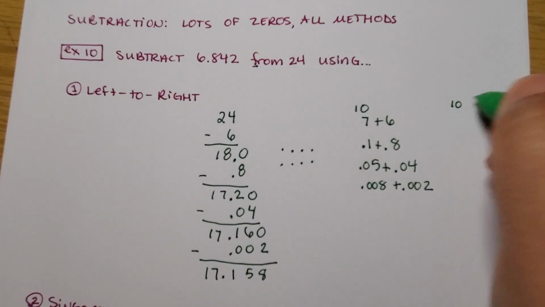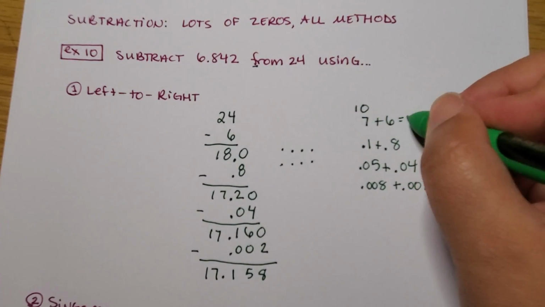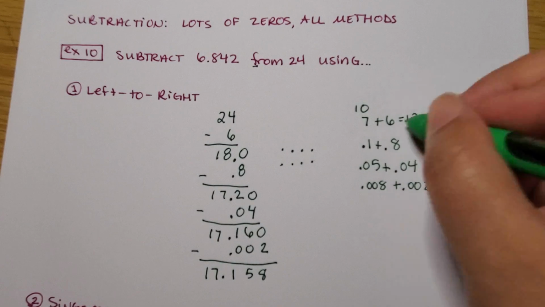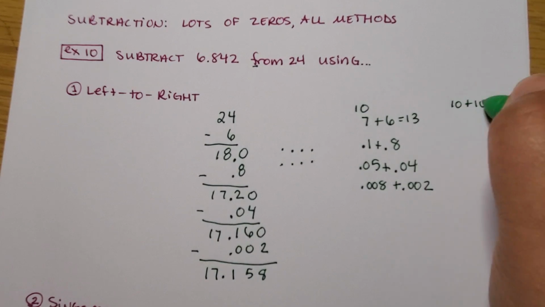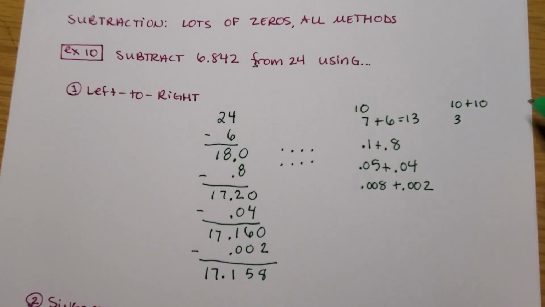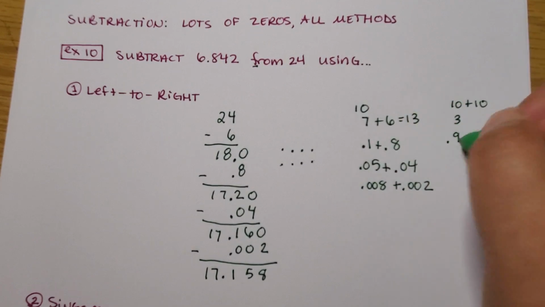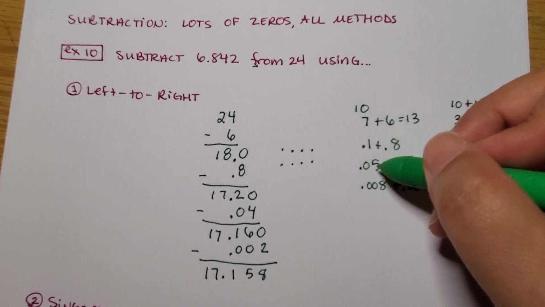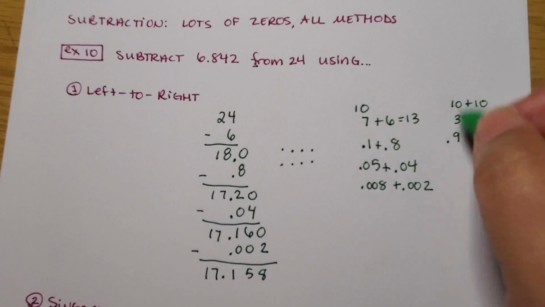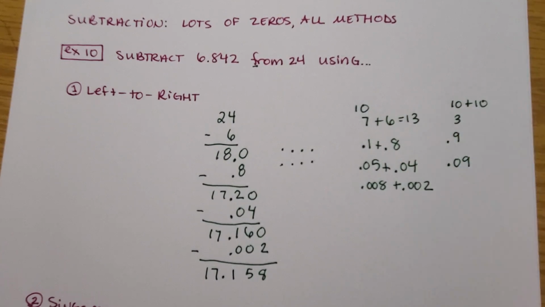So I've got 10, 7 and 6 is 13. So that's going to split into another 10 and a 3. A tenth and an eighth is a ninth. A 5 hundredths and 4 hundredths is 9 hundredths.